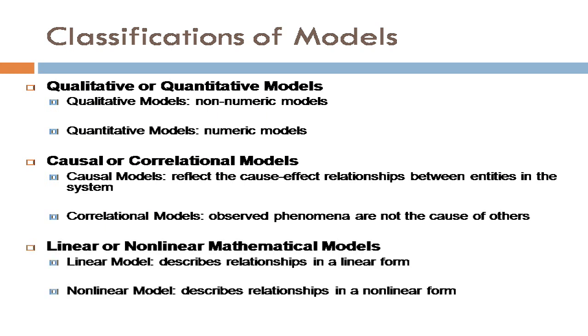And you have your linear or nonlinear mathematical models, where linear models describe relationships, obviously, in a linear fashion, versus a nonlinear relationship. And all of these can actually go into combinations in how you represent your actual models.